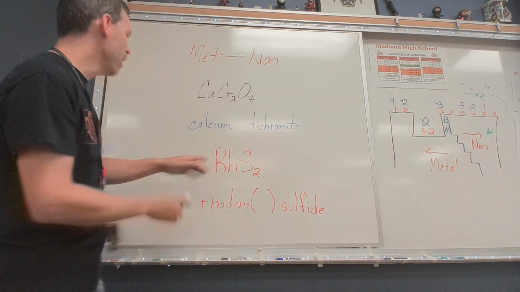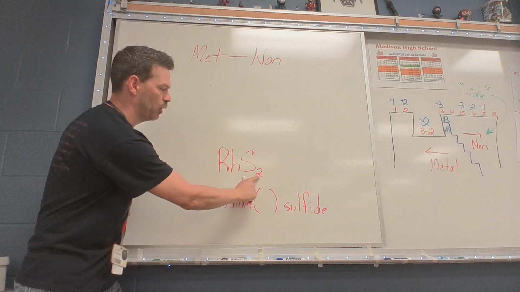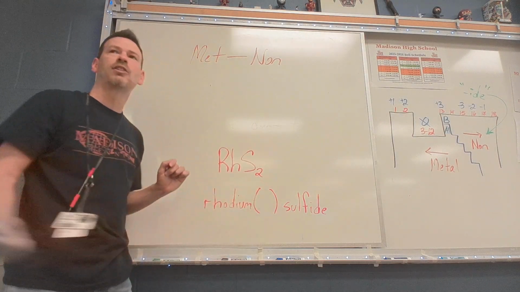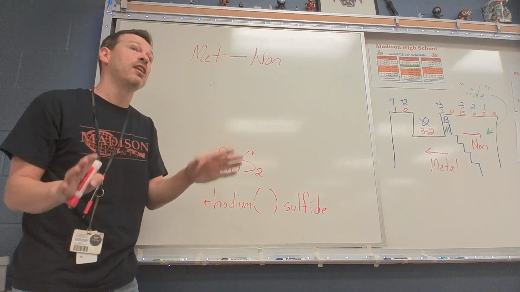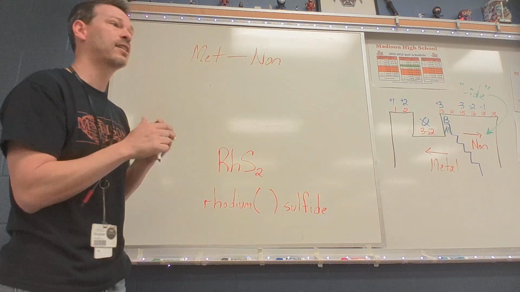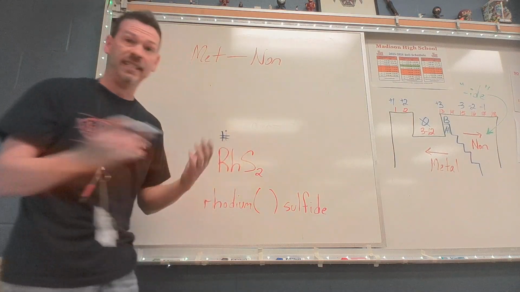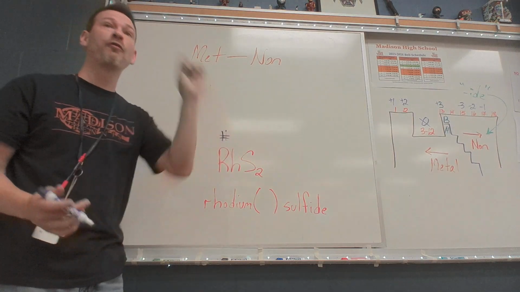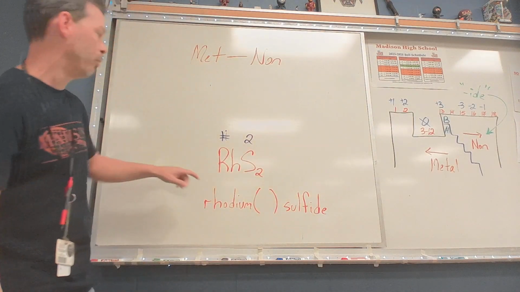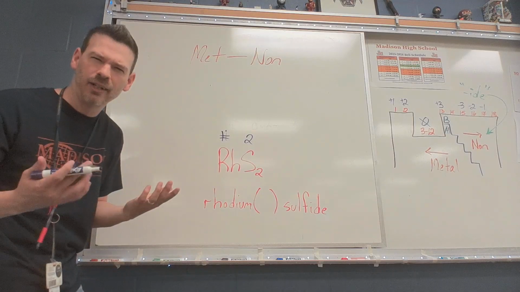And I'm really mean here because a lot of times you can just take whatever number is on the other element and assign it as the Roman numeral, and that usually works. But I made this one really hard. Let's talk about why. Rhodium could have different numbers, but sulfur can only have one number. What is sulfur's charge? It's always 2. But you see what happened here? The 2 didn't cross.